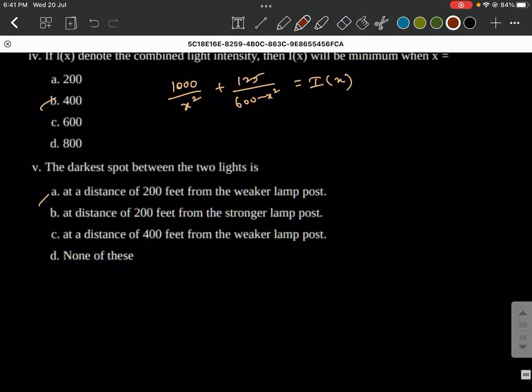Wait, how many of you got full? Full done. Which one?